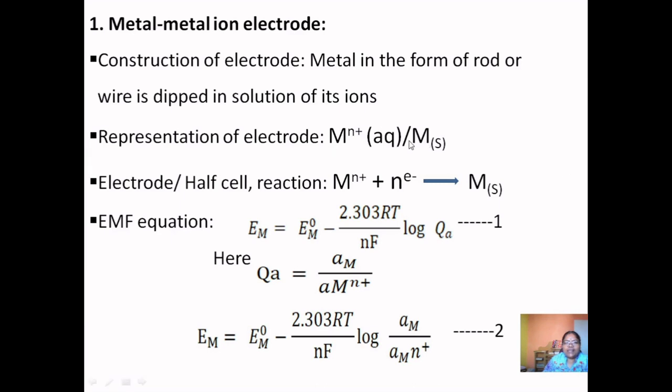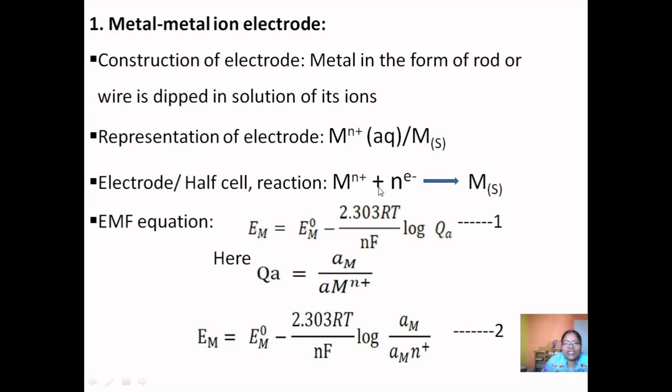Now from this representation, the electrode reaction, or half cell reaction. When we talk about a cell, it consists of two electrodes. So half of it, a single electrode, is called a half cell. That's why electrode or half cell reaction.